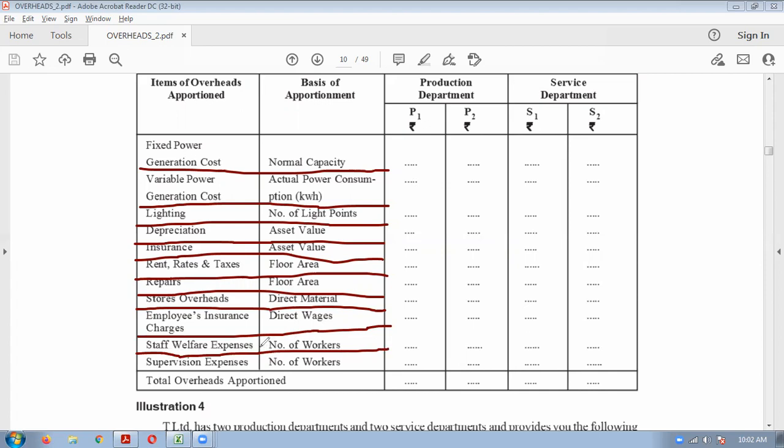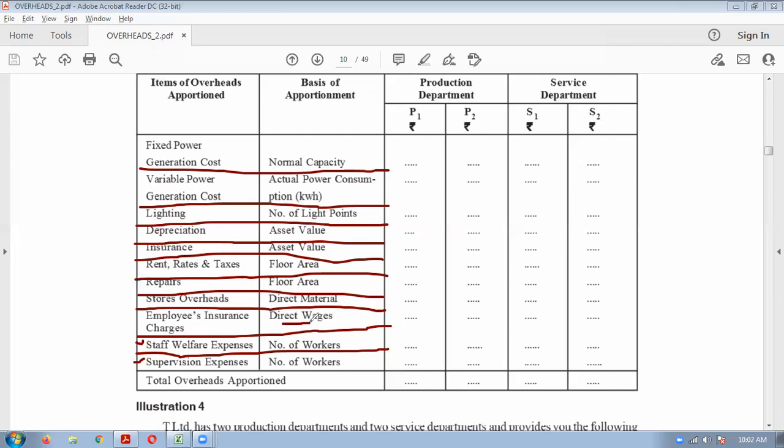See, anything which is related to workers, staff welfare or supervision will be based on number of workers. Depreciation and insurance are related to assets, so they are based on asset value. Okay. Rent, rates and taxes are based on floor area. Stores means material, so it is related to direct material. Employees insurance charges are based on direct wages.